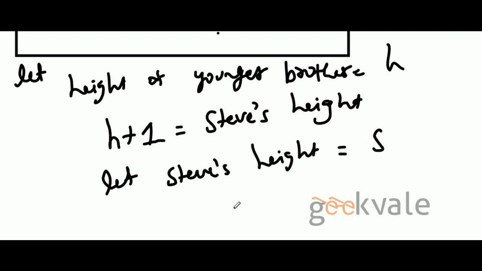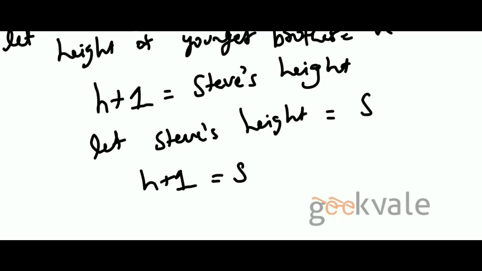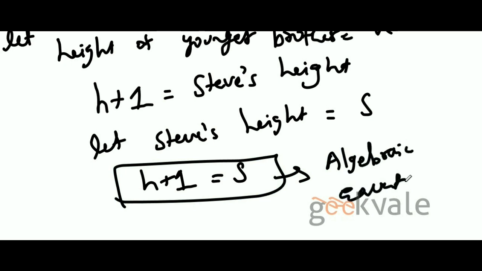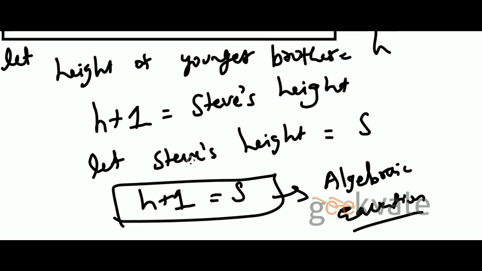So I can say that s equals h plus 1, right? This is what you can call an algebraic equation. And that's about it. This is pretty much what you have to understand about algebraic equation.